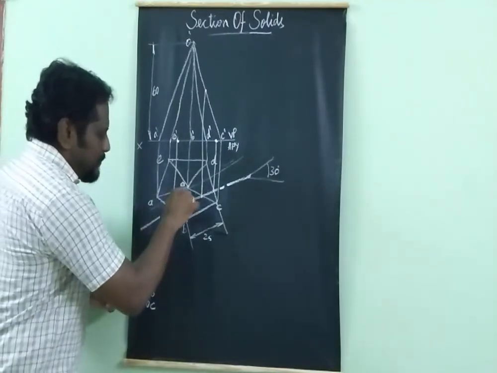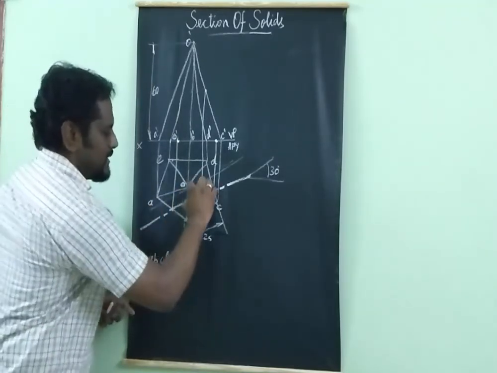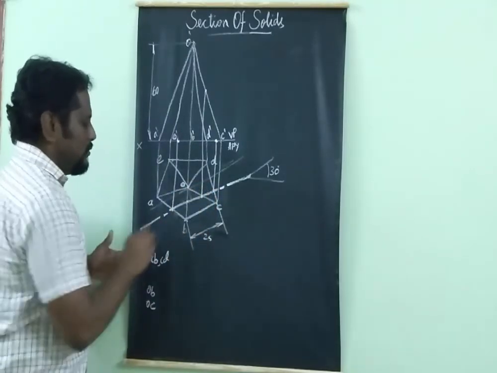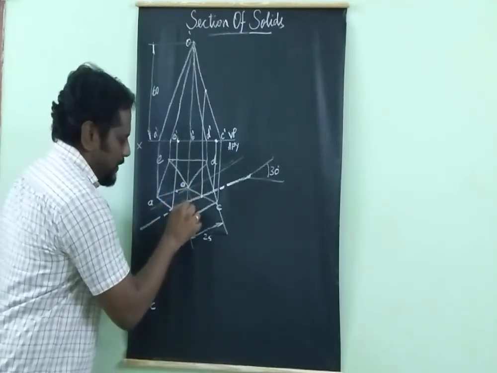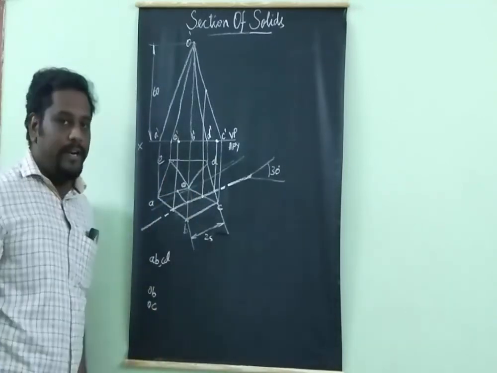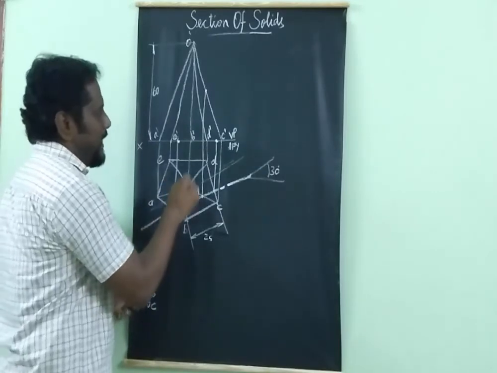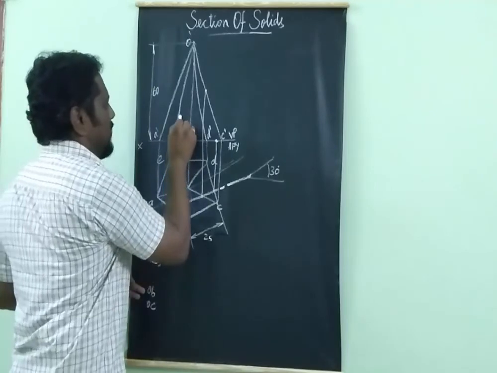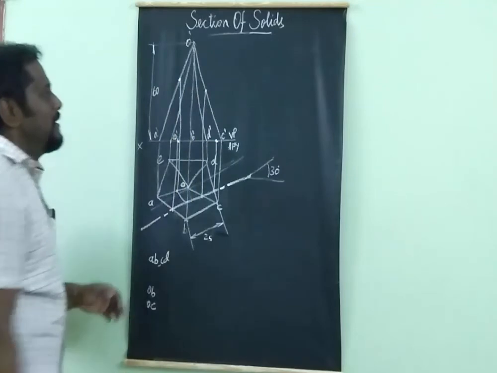Now this OA line is near to my point, so I'm taking this as the radius and transferring this point to line OA, right? So this is my next point. I am making an arc from here up to OA. Now this point has to be transferred to the OA line in the front view, right? I transferred the same point to the OA line. So this is my point.